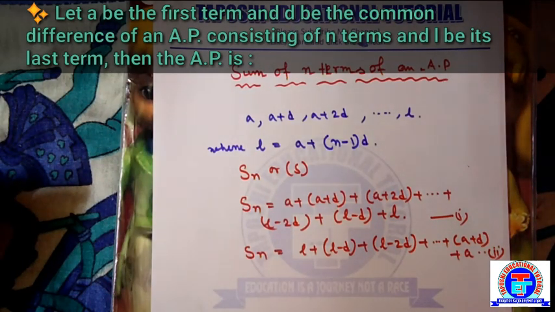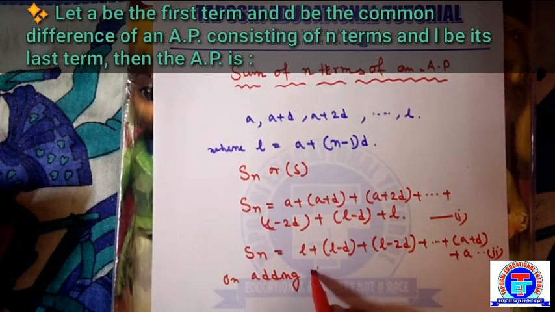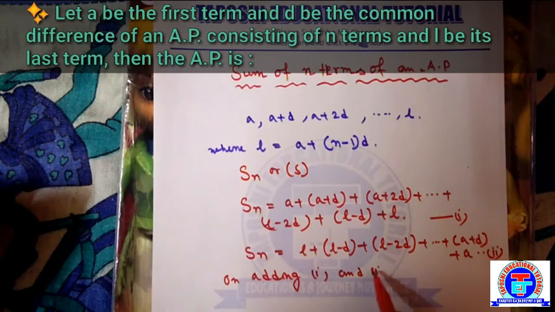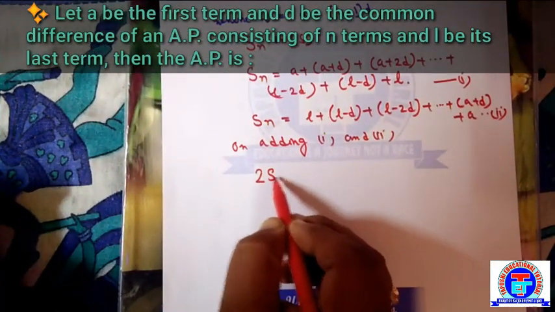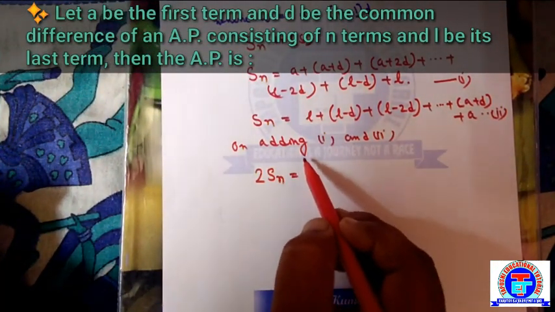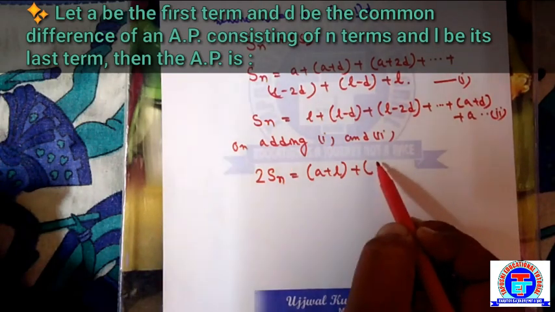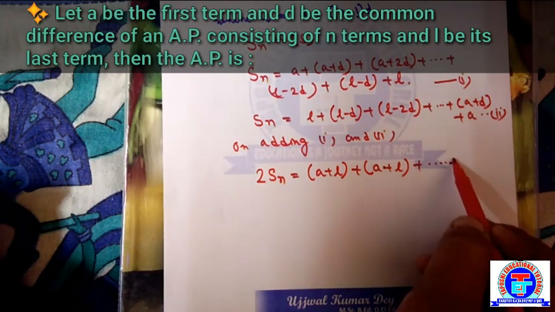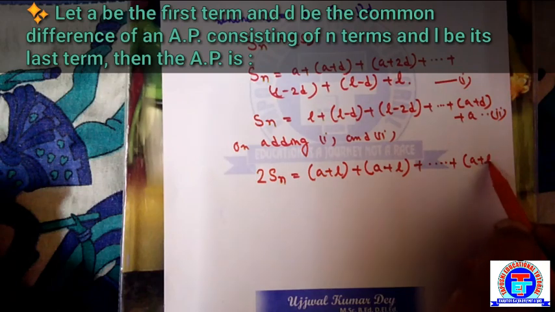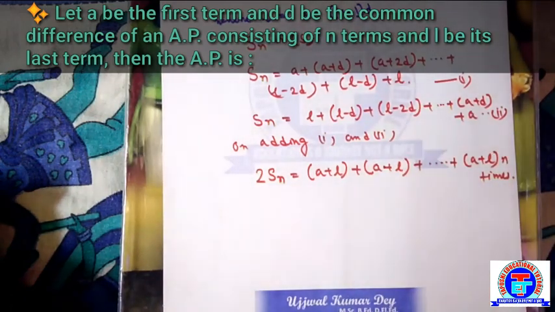Right. On adding 1 and 2, we get here 2Sn is equal to (A plus L) plus (A plus L) plus dot dot dot plus (A plus L), n times, right?